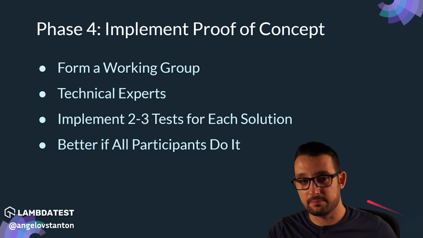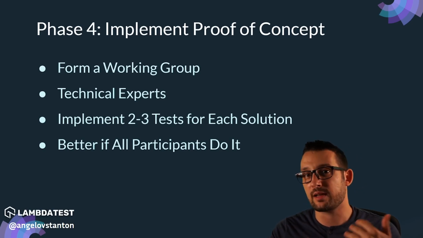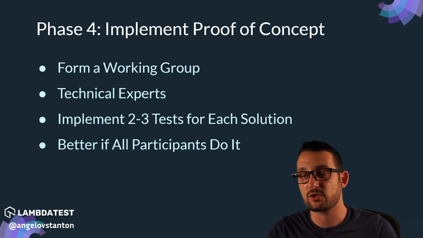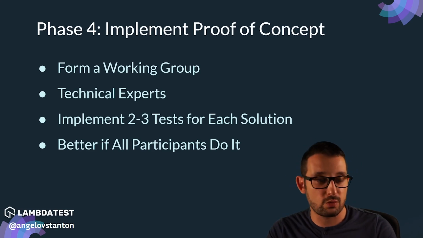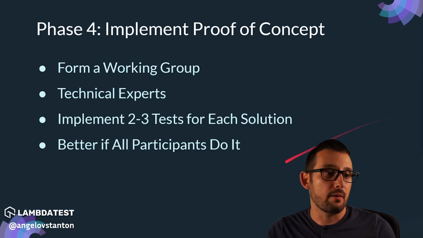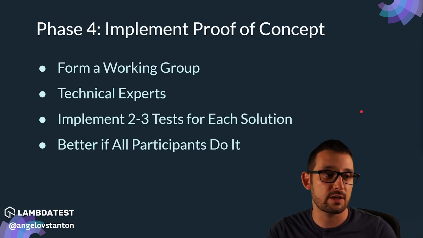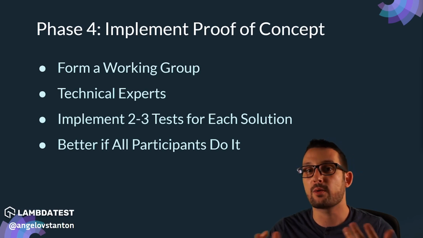All right, you saw my explanations when I was doing this type of research. Of course, you need to do it more thoroughly and pick more solutions, right? And as I said, during this implementing proof of concept, it's important to form a working group.